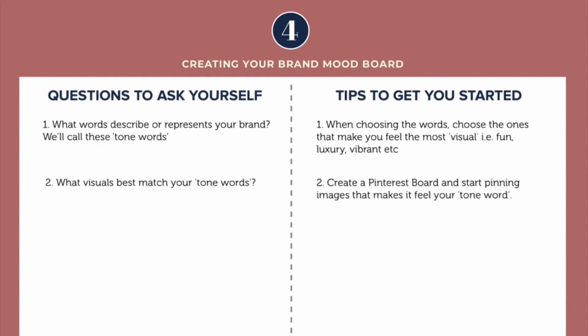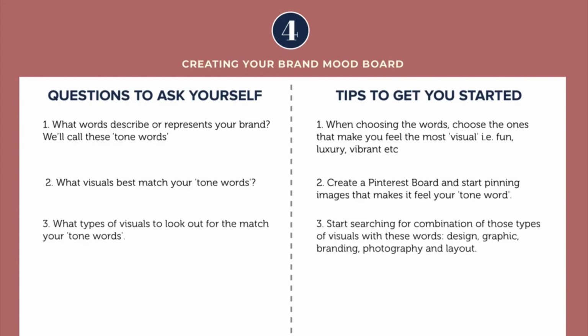Okay, so the next question is, what types of visuals to look out for that match your tone words? So to get you started, we need to start searching for a combination of your tone words with these types of visuals. Like, mine was luxury, so I should start searching luxury design or luxury graphic or luxury branding or luxury photography or luxury layout.